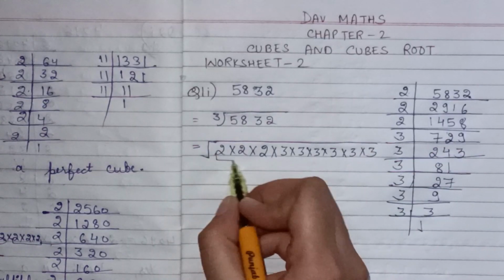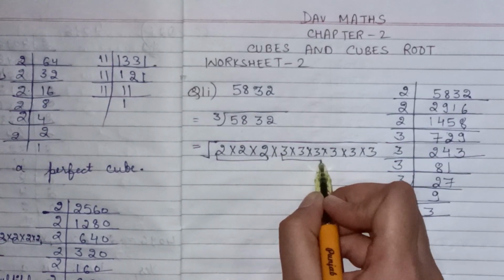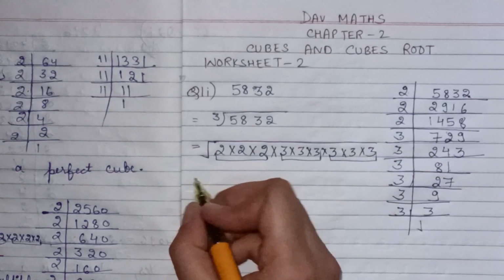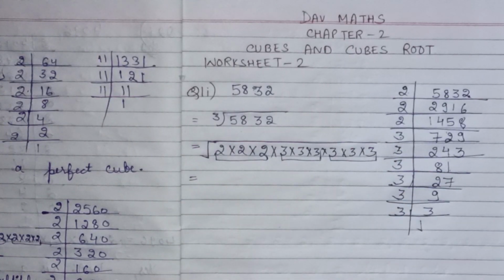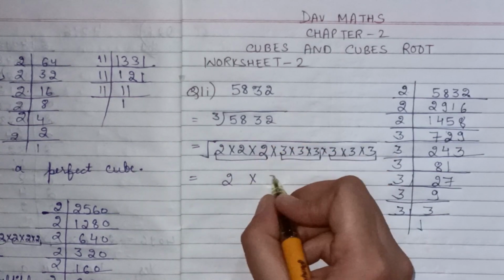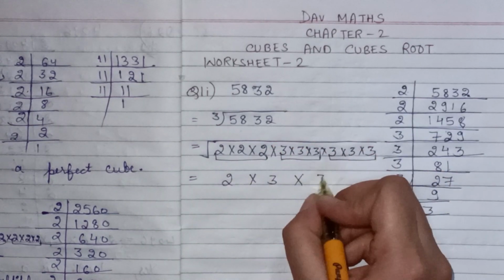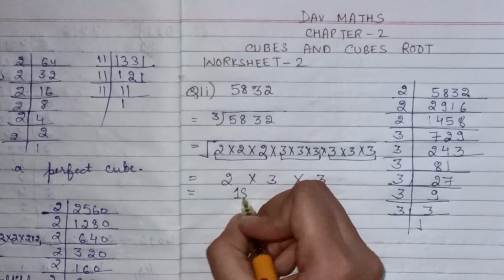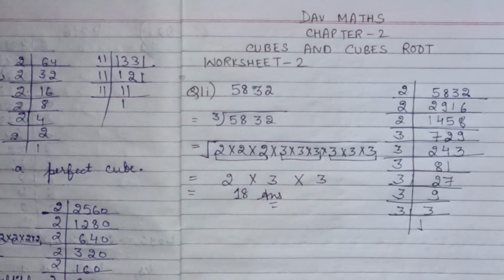Now this 2 forms a triplet, this 3 forms a triplet, and again this 3 forms a triplet. Now from each triplet I write only one number: 2 multiplied by 3 from this triplet, and 3 from this triplet. 2 3s are 6 and 6 3s are 18. Here 18 is our answer.